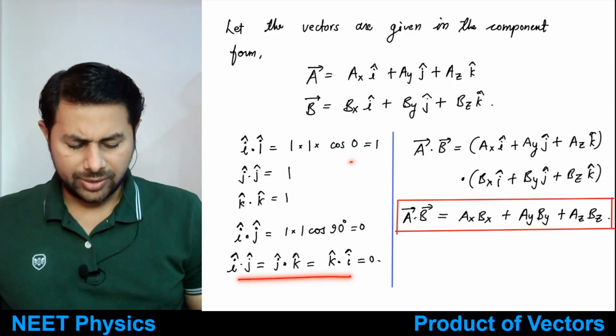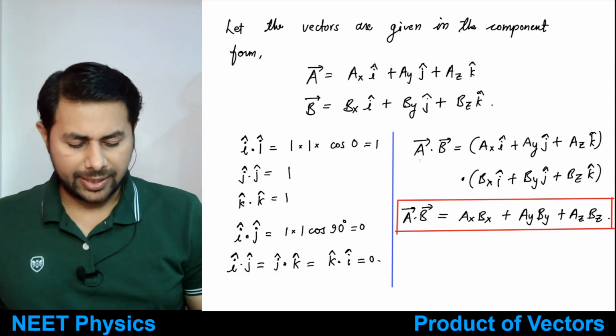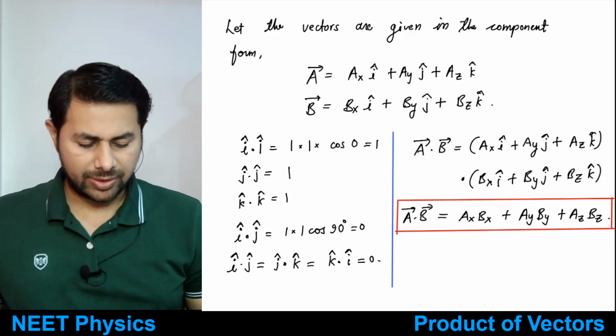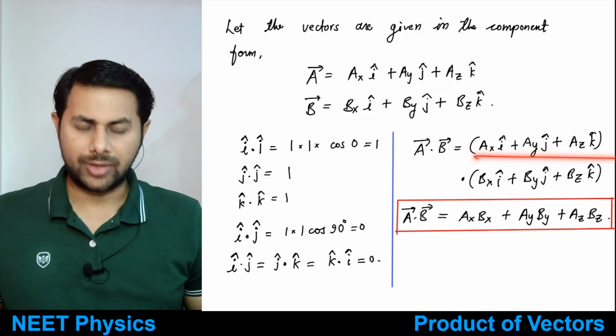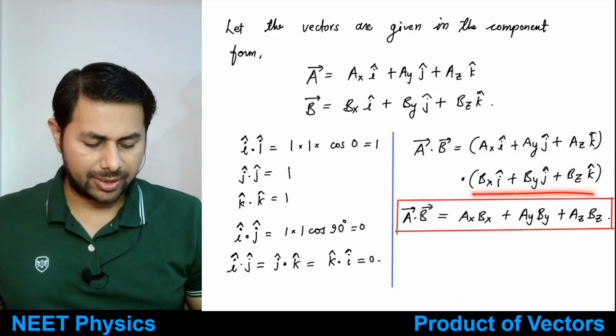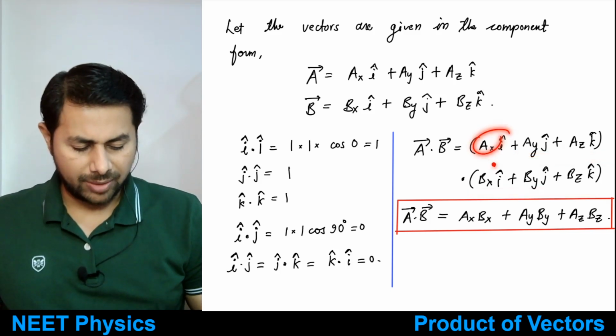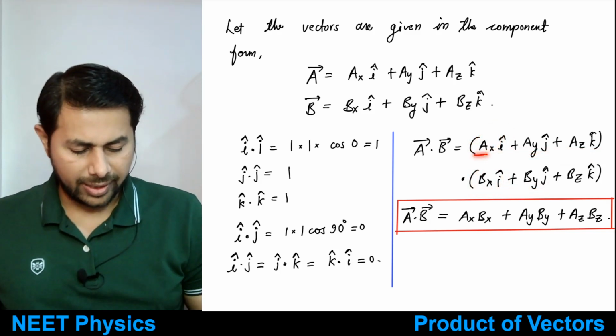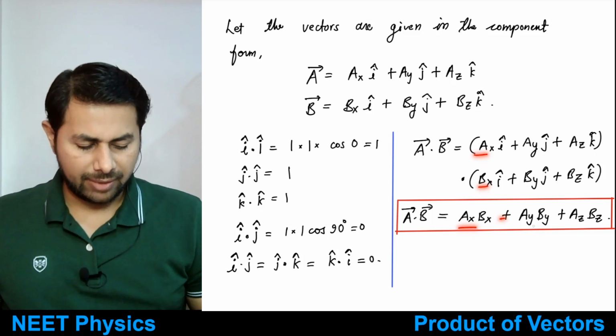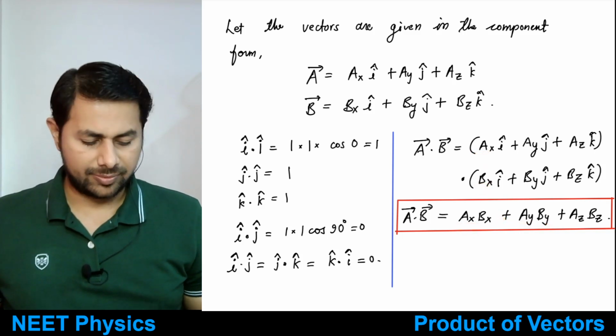So if we use this, then we can write A bar dot B bar is equal to, just write A bar in the resolved form, in terms of components, B bar in terms of components, and when you multiply this with this, the result will be equal to Ax Bx plus Ay By plus Az Bz. How?